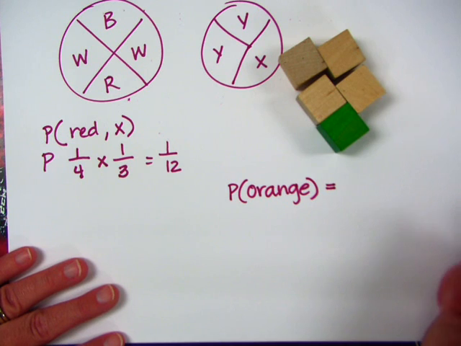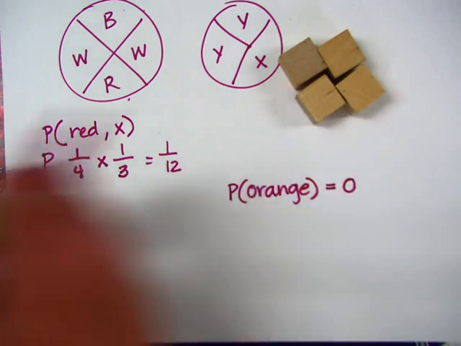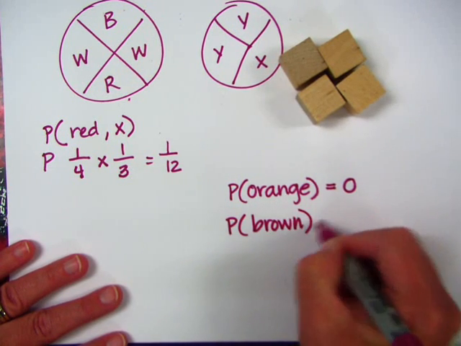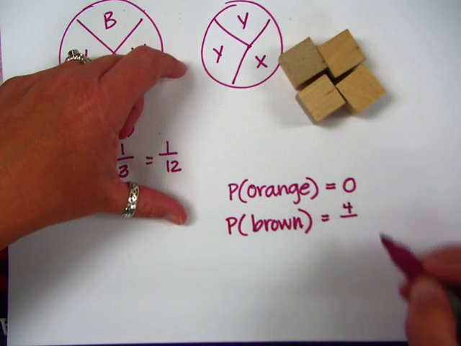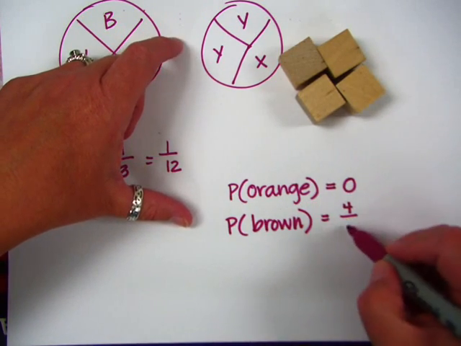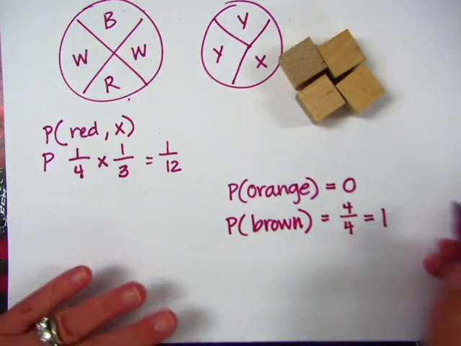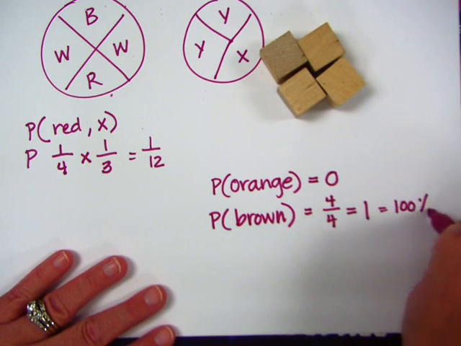Well, I hope you're at home saying none, because that would be the truth. None. What if I take that green away and I want to know the probability of picking a brown? Well, what's the probability? We have 4 favorables that can be picked. We have a total of 4 items to pick from. So the probability of picking brown would be 1 or 100%.